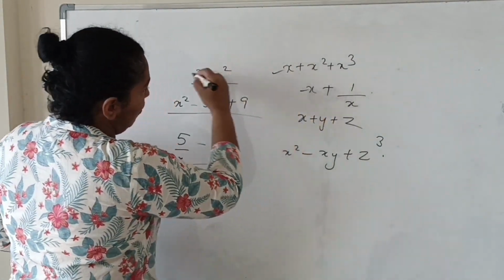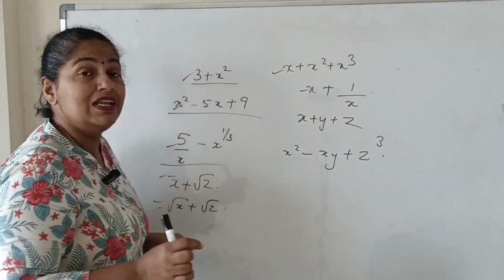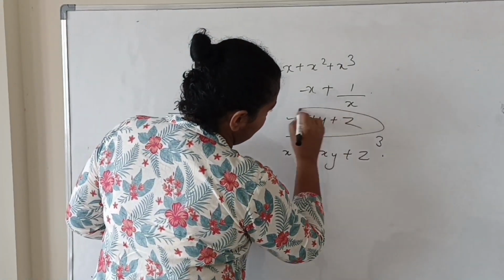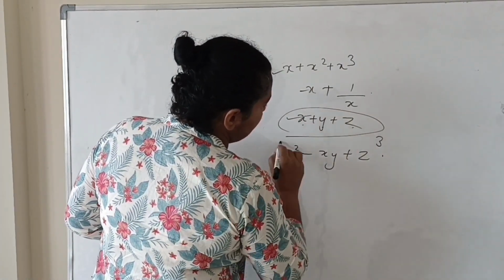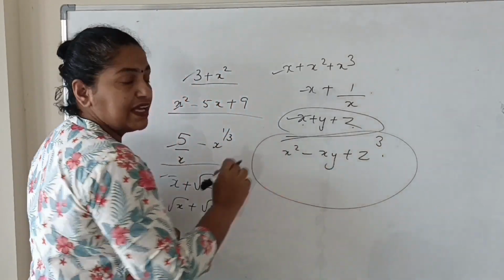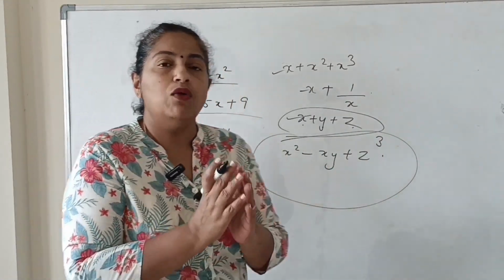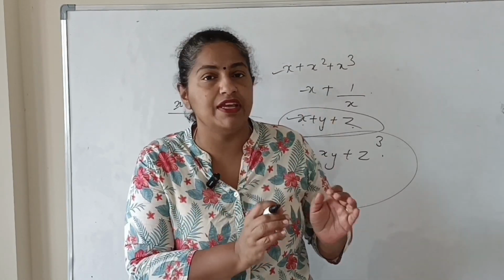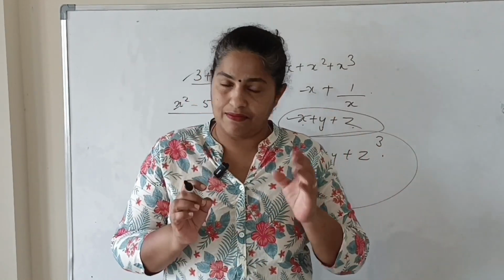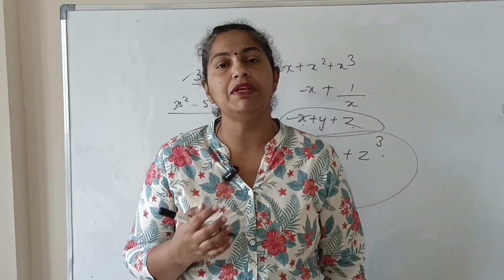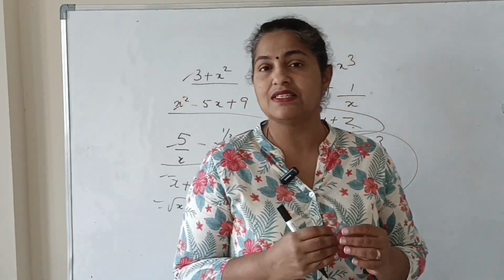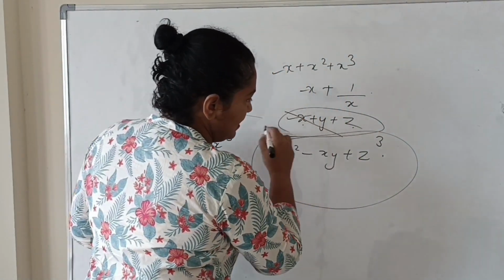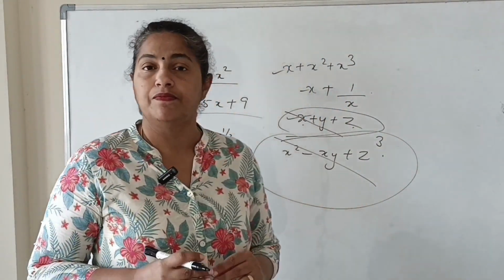In all these examples I have used only one variable, which is x. But in these two examples I have used x, y and z. Here also x, y and z. Now, we are going to deal with polynomials in a single variable only. Because of that, I will be talking about algebraic expressions in a single variable only for the time being. So, I am going to eliminate this as well as this.